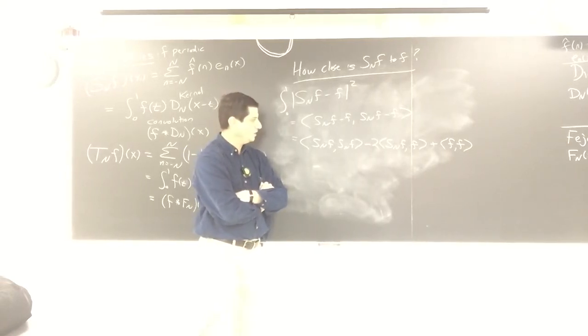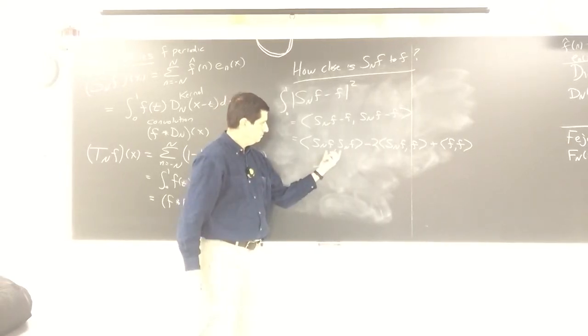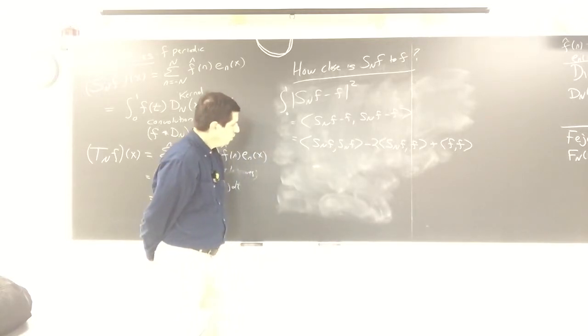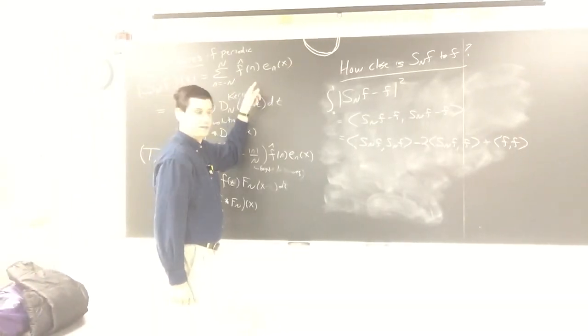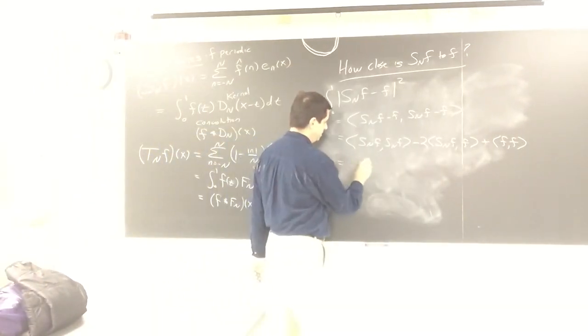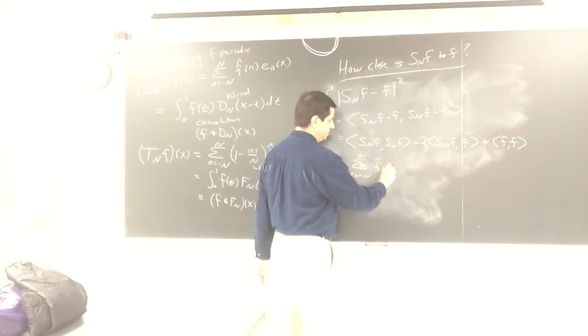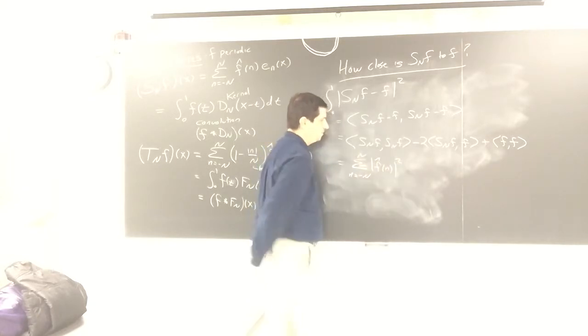And now when we go through things, we take the dot product of Sn with itself. That's going to just be the sum, and it goes from minus n to n of f hat of n squared.